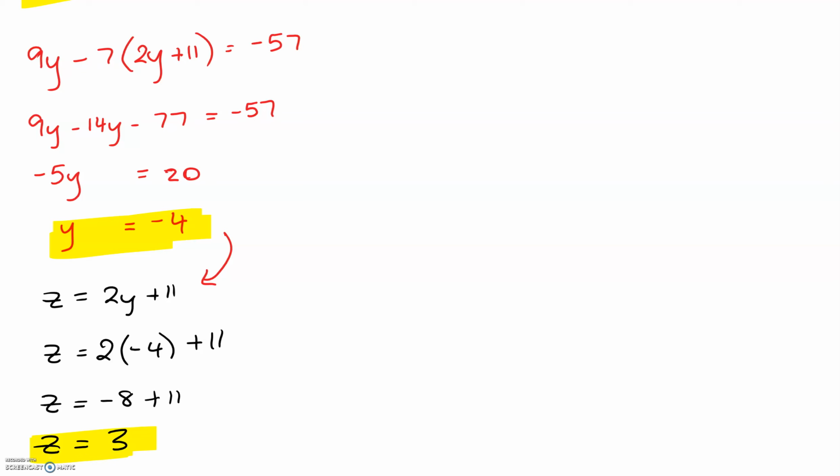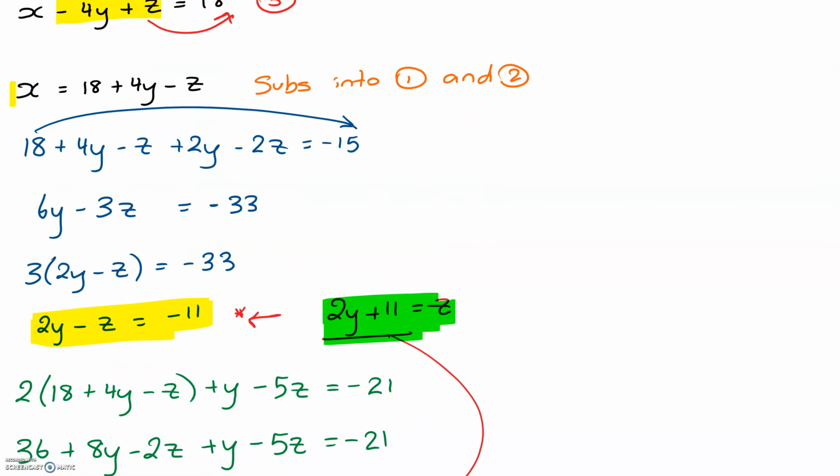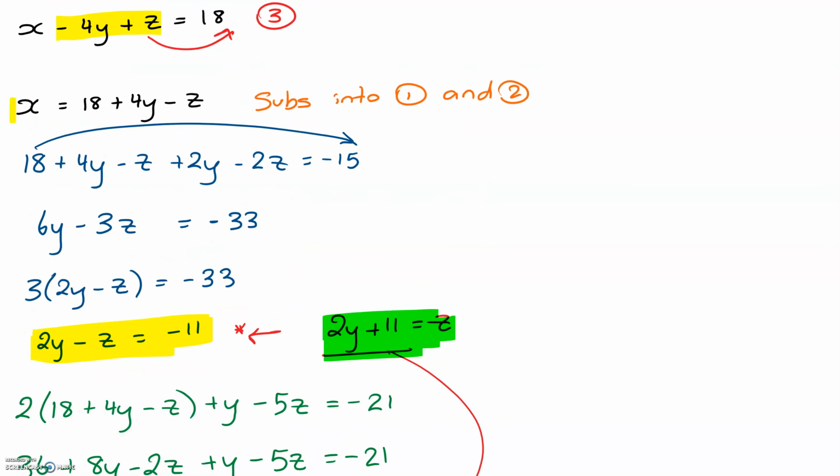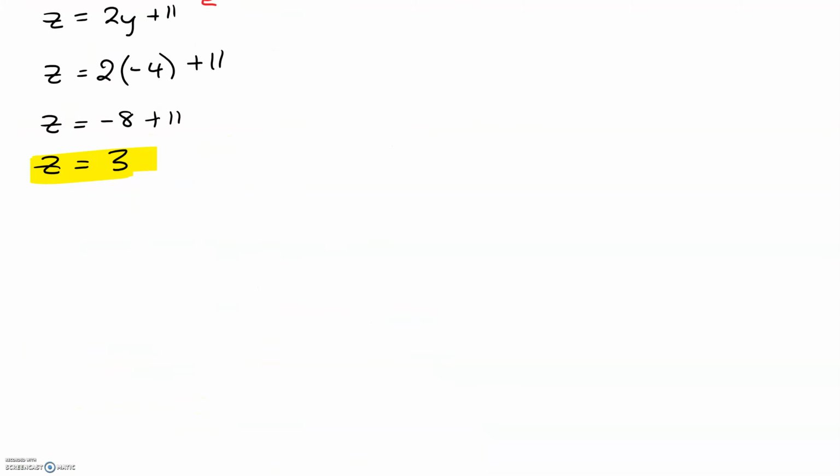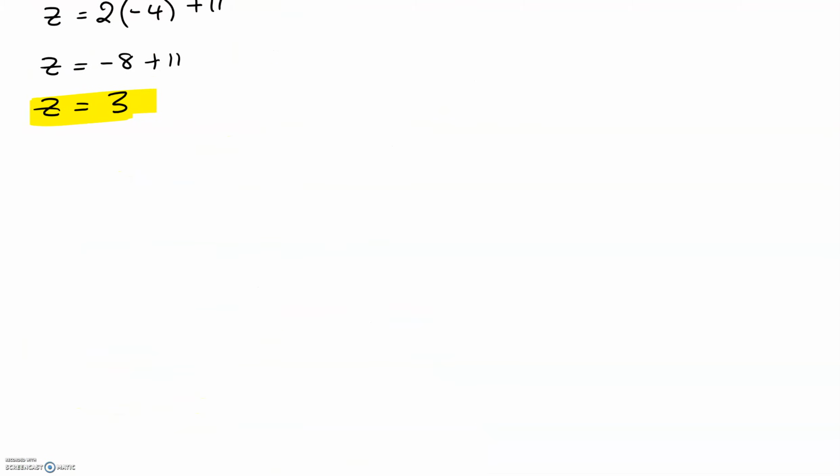So we've got z now, and now all we need to find is x. And if you remember, we started off over here with this equation where we made x the subject. I'm just going to use the exact same equation and substitute in y and z. So we've got x is equal to 18 plus 4y minus z.